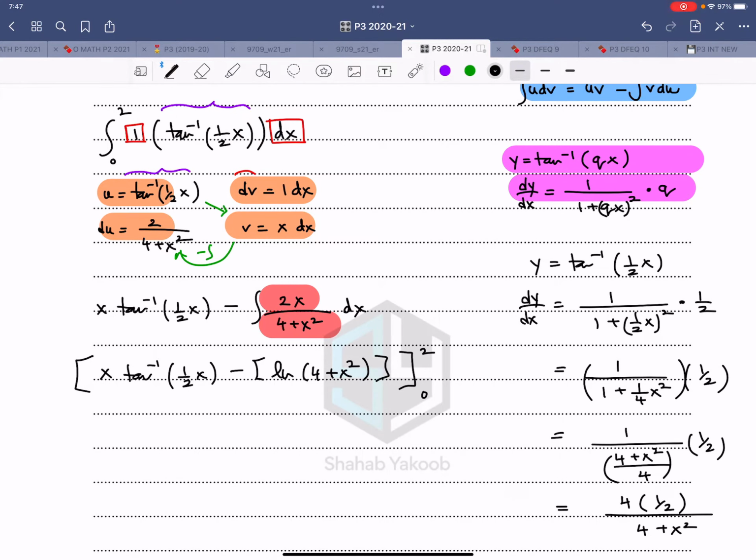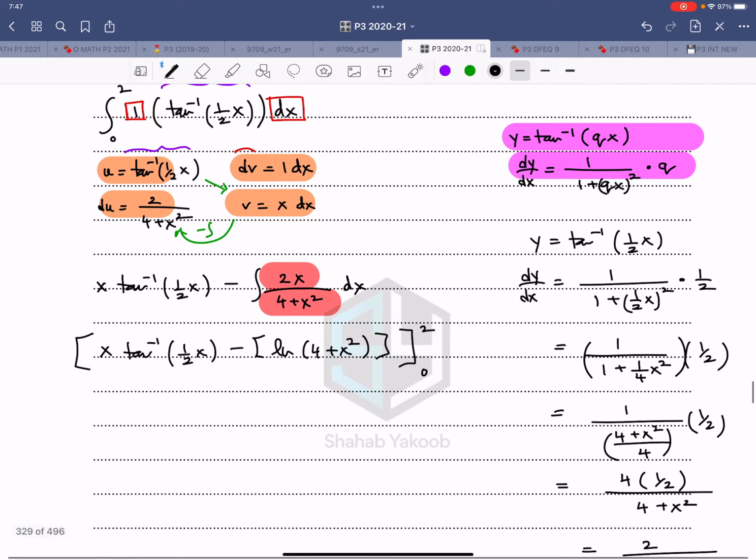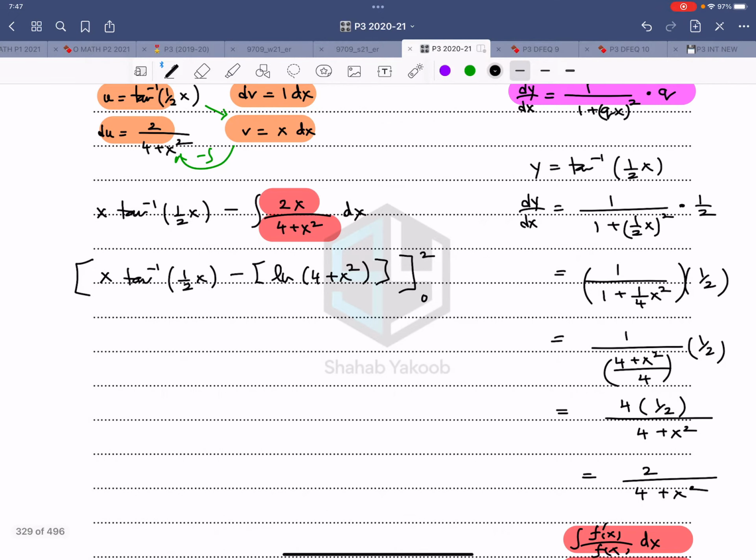So far so good. Now let's plug in 0 and 2. If I plug in 2, this is 2 tan inverse of 2 over 2, half x is 1, and minus ln of 4 plus x squared, 4 plus 4, which is ln of 8. This is the upper limit.